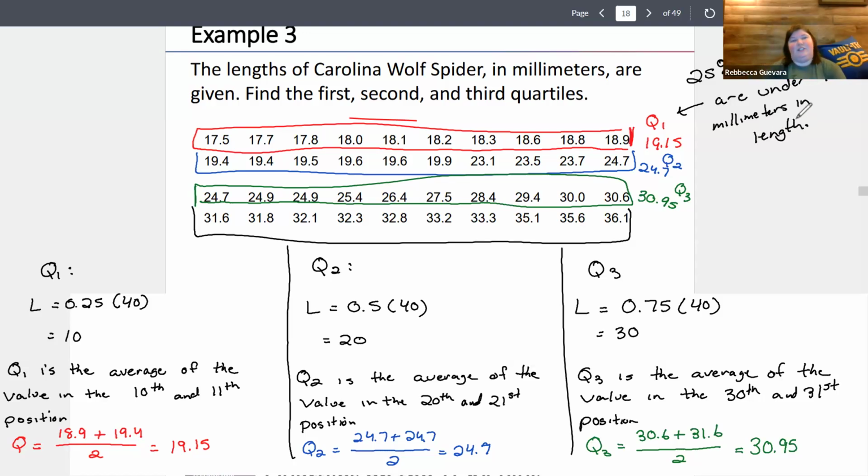Like I said, it tries to give me some helpful information. I know that this is telling me that 75% are under 30.95 millimeters in length. Half should be below 24.7. But as you see, 24.7 is here and here, so that's halfway in between.